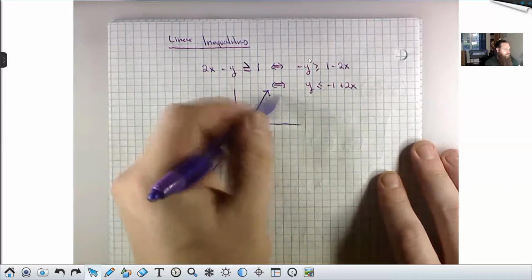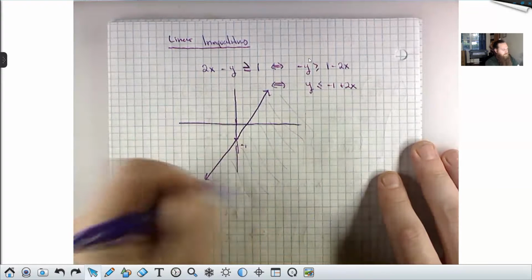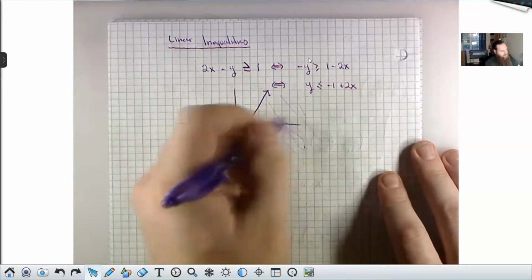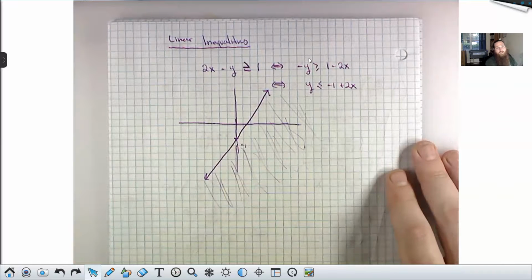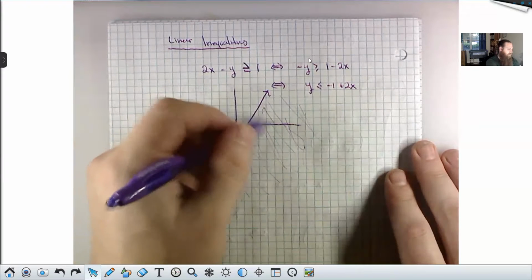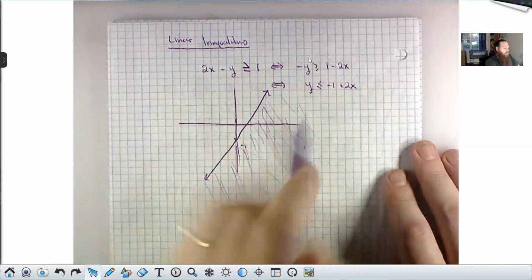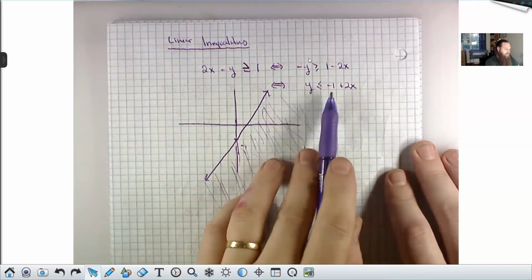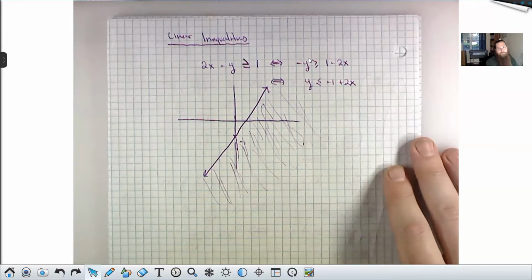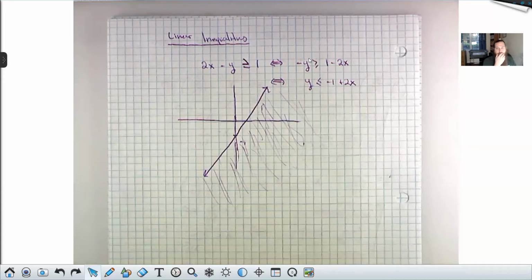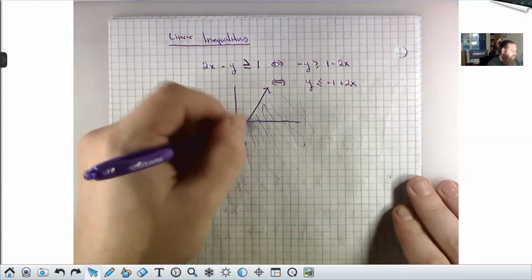So to graph this inequality, I would shade everything beneath this line. All of the ordered pairs where y is less than -1 plus 2x. And that would be it. Really, the only way we can neatly write down the solutions for these is by graphing and shading.